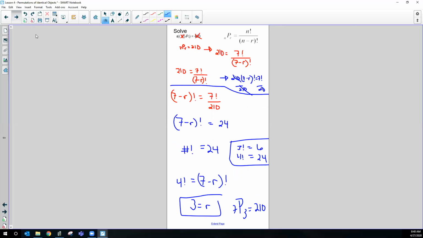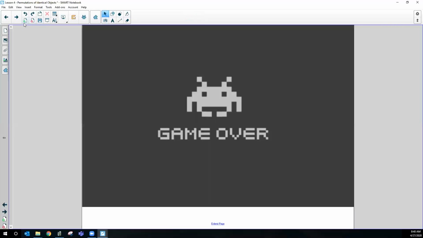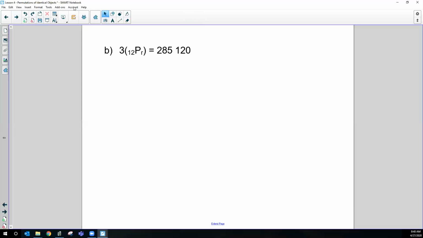Okay, let's go over another one, just so it's pretty clear. For this one, remember our last question started out like this: 7PR equal to 210.